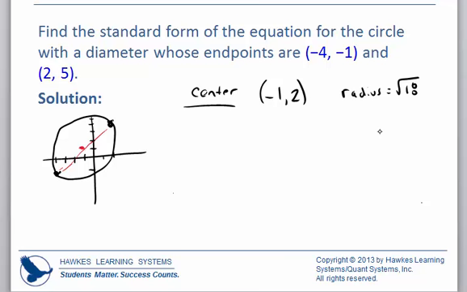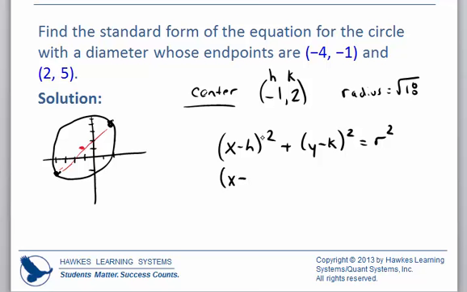We'll use our formula for the circle, which is (x - h)² + (y - k)² = r². We'll plug in for the h, negative 1. For the k, we'll plug in 2.